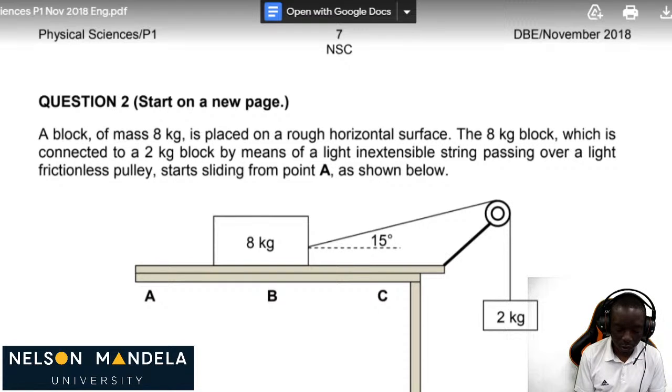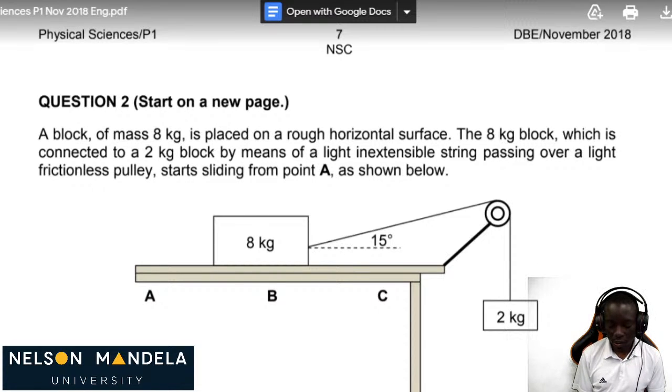We would want to call it FR. And we have a force to the right, or in this case, this will be a component. The actual force is at 15 degrees like that. And this is the tension inside the rope.